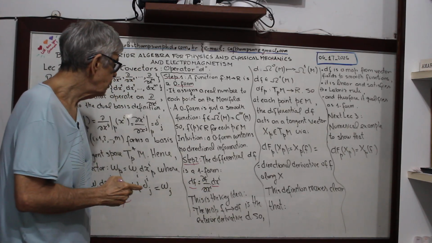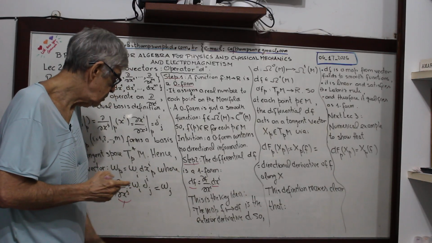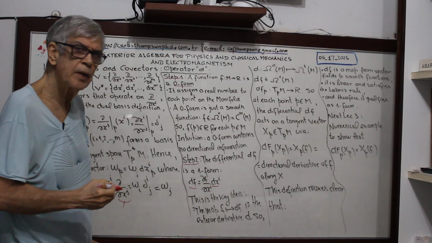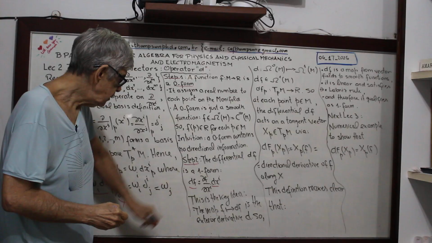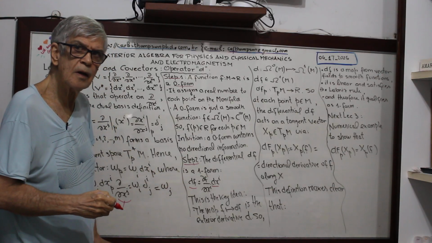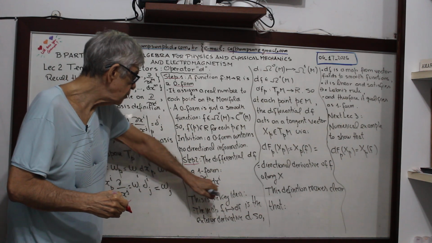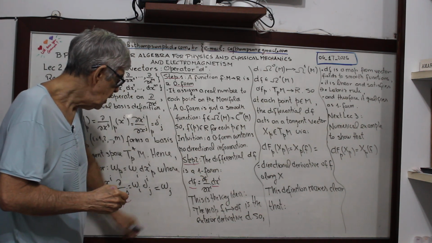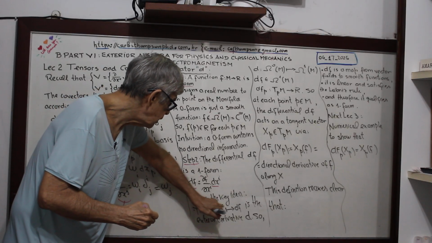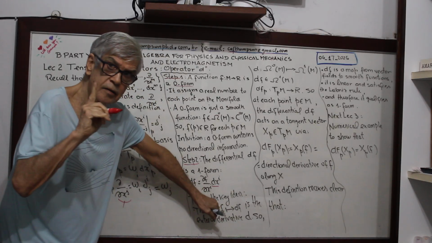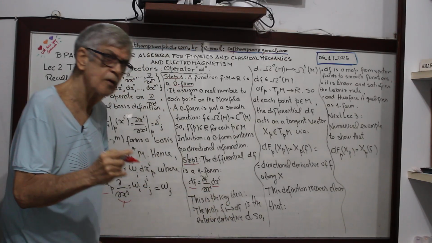So covectors are called one forms. The scalar is a zero form. The operator d transforms a zero form to a one form. This is the key idea. The map takes f, a scalar, a zero form, to df, which is a one form.